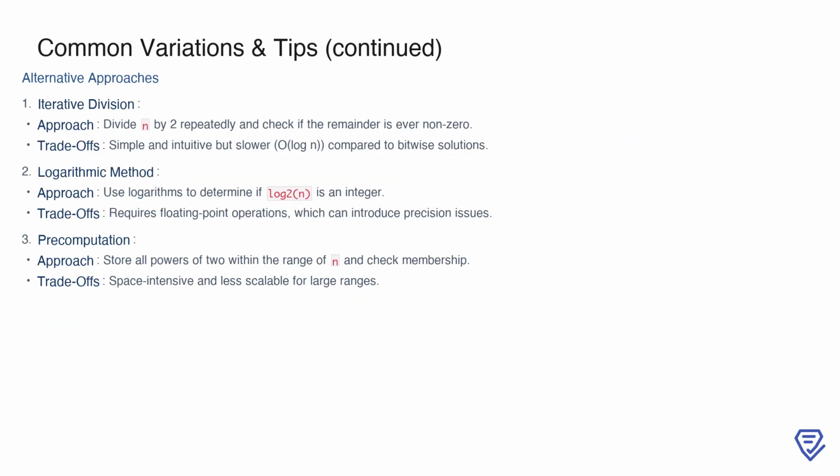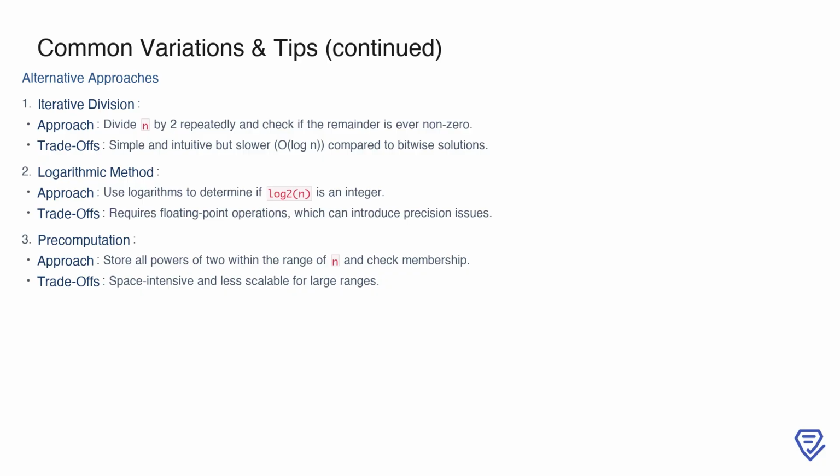There are a few alternative approaches to consider. One is iterative division, where you repeatedly divide n by 2 and check if the remainder is ever non-zero. While this method is simple and intuitive, it has a time complexity of O(log n), making it slower than bitwise solutions. Another approach involves using logarithms. Here, you calculate log base 2 of n and check if the result is an integer.